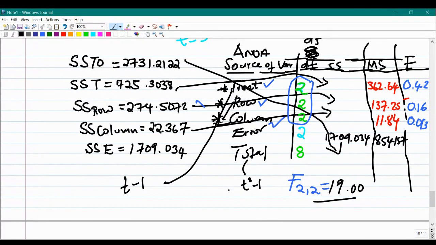So I will suggest that we come up with another example. I have another example ready for you. We do the same process. Because for us to do pairwise comparison, we need to reject when testing for the treatment.